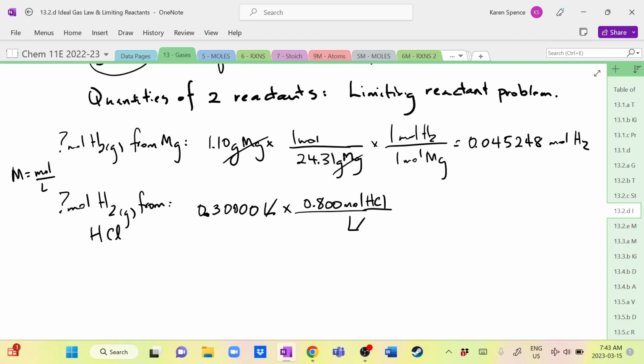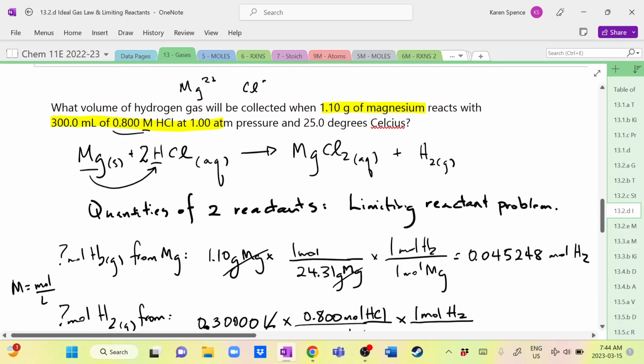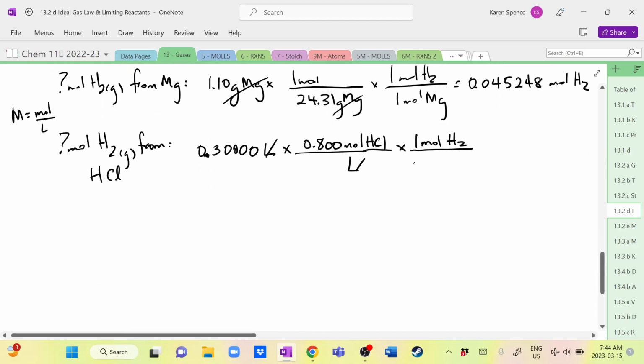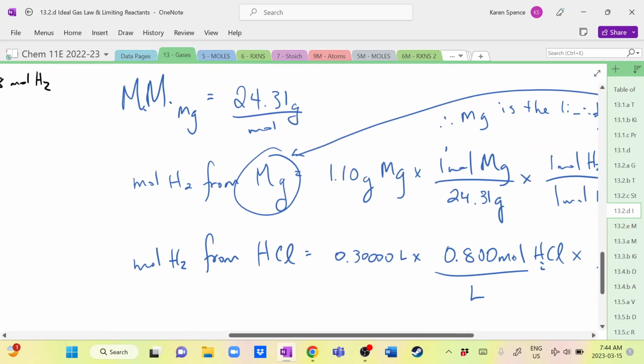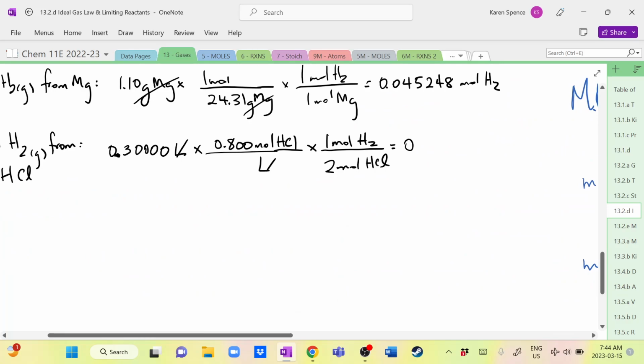That gives us moles of HCl, and now we need to calculate the moles of H2. Going back to our reaction, there's 1 mole of H2 for every 2 moles of HCl. And we get 0.12 moles of H2.